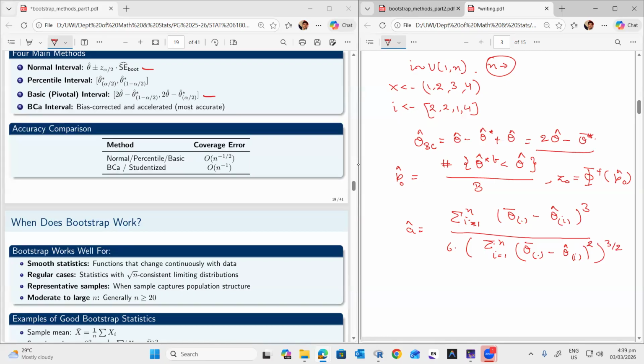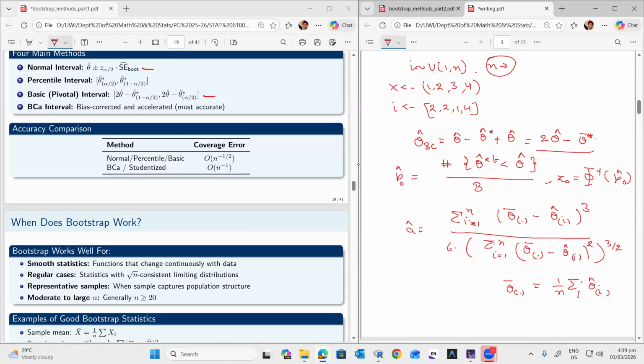So this is your acceleration constant, where theta bar dot is defined as 1 upon n summation over i of theta cap i.